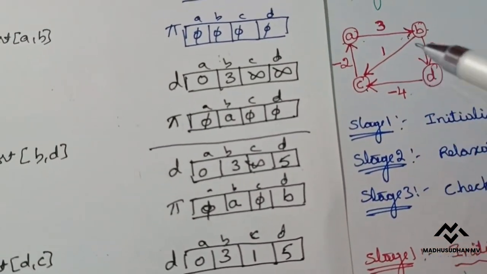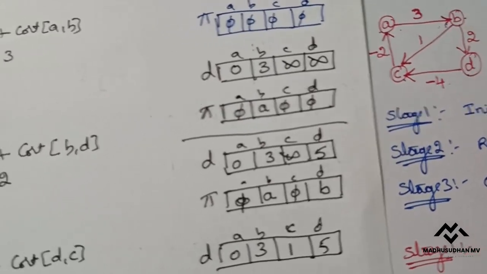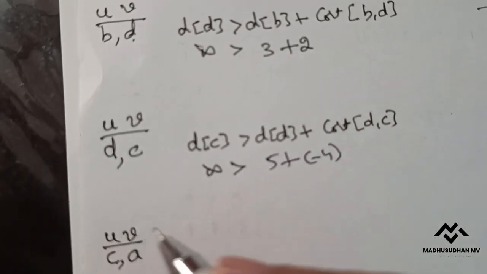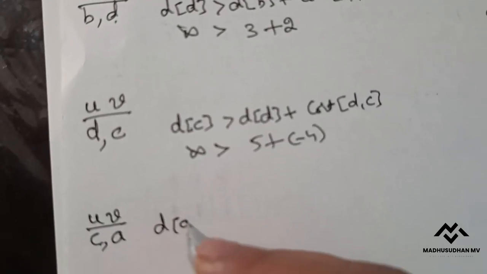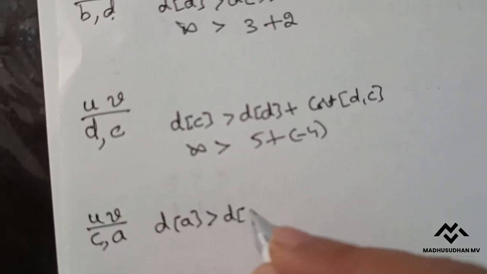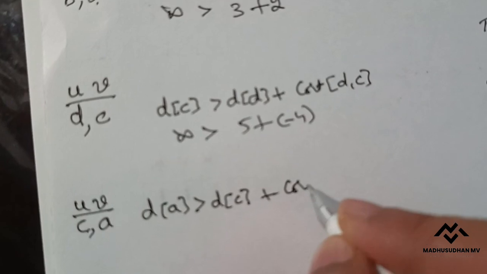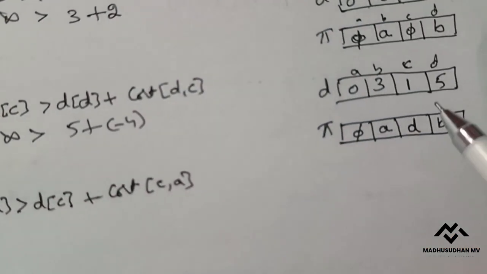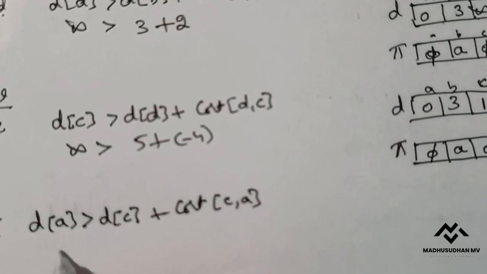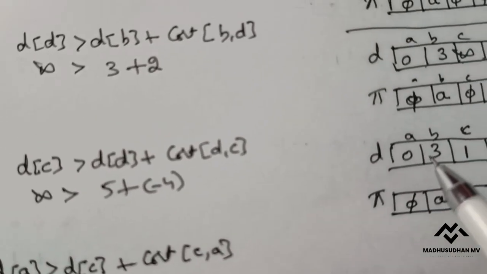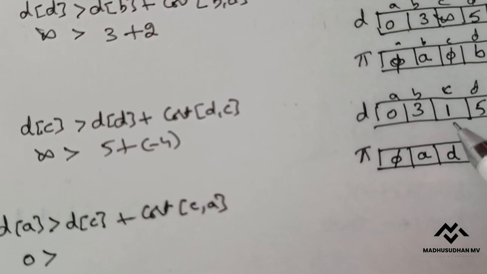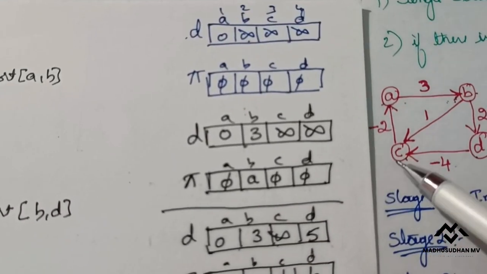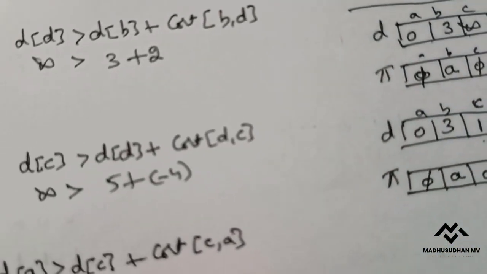Now let us take the next edge, C to A. For C to A, this is my U, this is my V. Distance of A greater than distance of C plus cost of C comma A. Distance of A is 0. 0 greater than distance of C, which is 1, plus cost of C to A, which is minus 2.